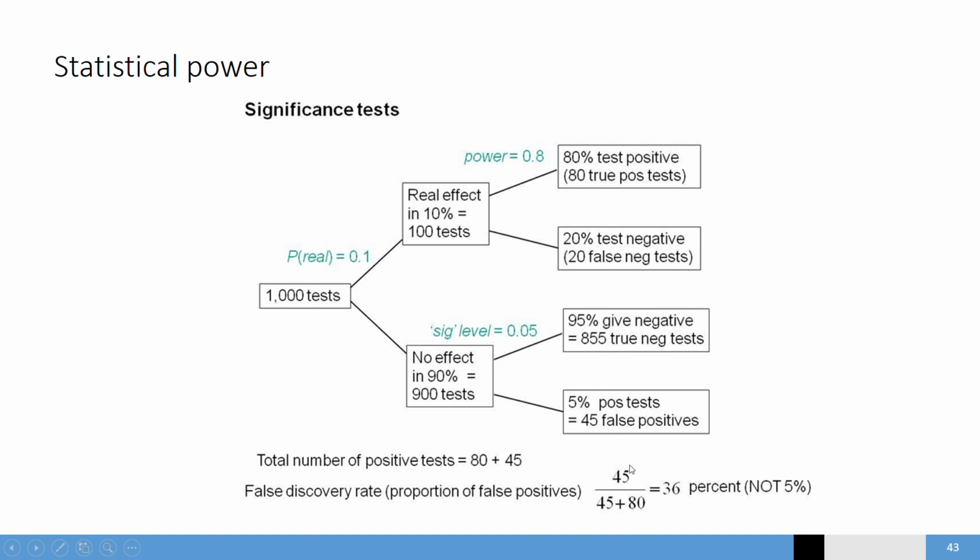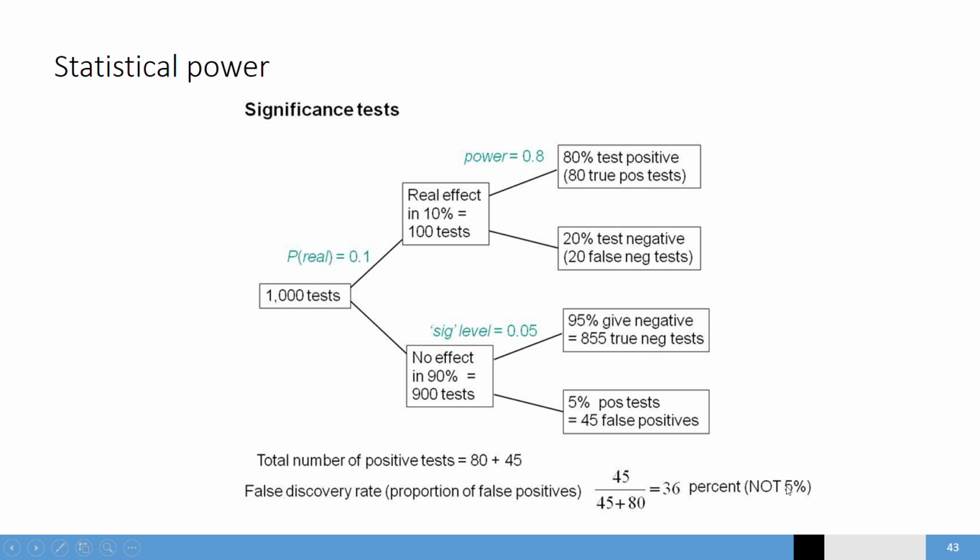So this ratio of how many false positives you have among your positives is 36%. It is not 5%. So you see that by doing multiple tests, we have increased our false positive rate to a higher value than just the 5%.